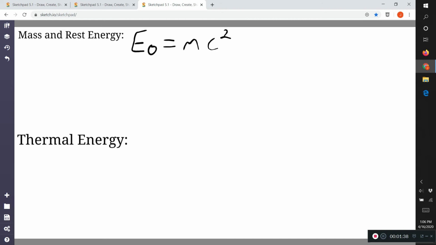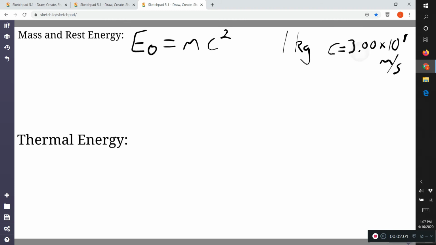So let's just give a real quick scenario. Let's say we have 1 kilogram of material. Let's just say it's perfect, 1.00. Well, c is the speed of light, and the speed of light is 3.00 times 10 to the 8th meters per second, roughly.